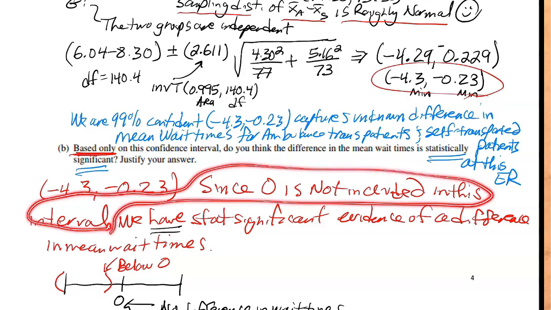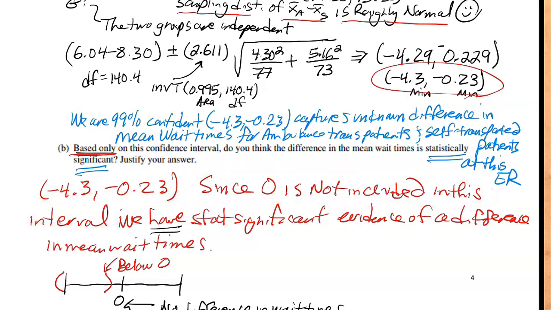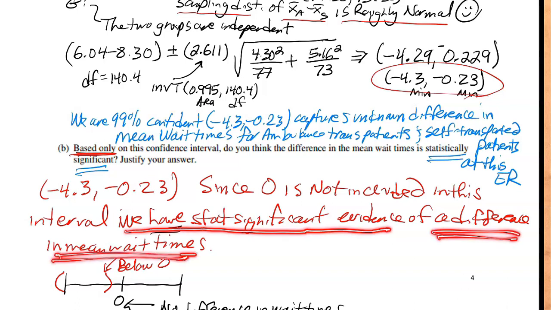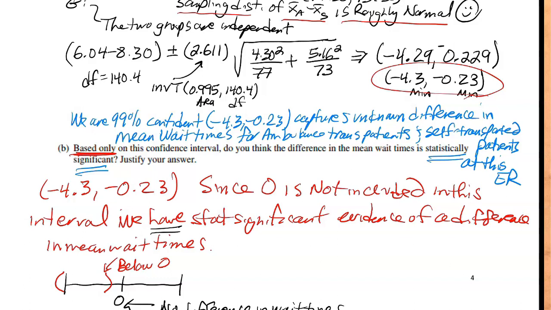They might say, yes, 0 is not included in the interval. Oftentimes the scoring wants a little bit more context. So that's why I said we have statistically significant evidence of a difference in mean wait times. And I've also mentioned the context here, stating that 0 represents that there's no difference. The entire interval is below 0, so we do have evidence of a difference, since 0 is not included.